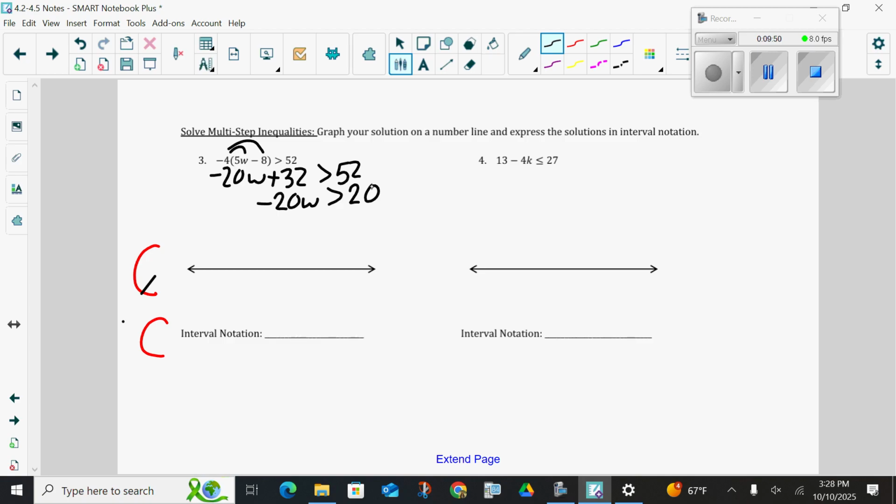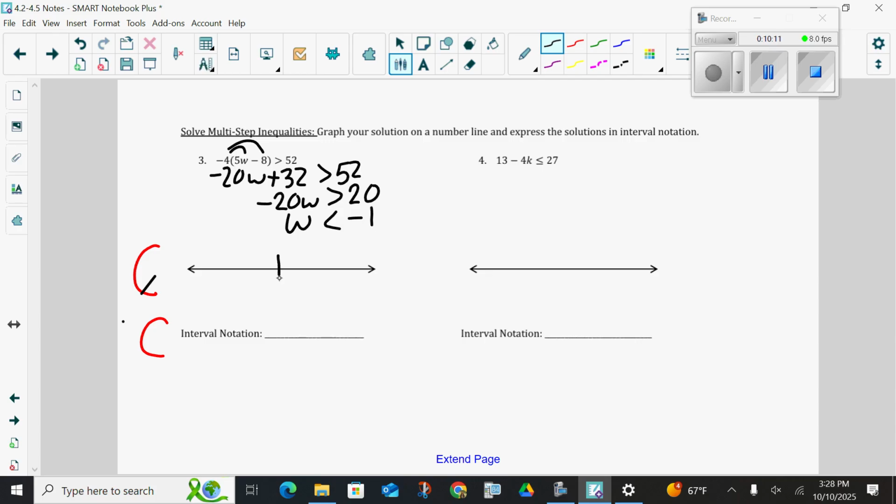And when I divide by negative 20, keyword divide by negative, I'm going to wind up flipping this sign. I'm going to divide both sides by negative 20. When I divide by the negative, I flip my sign, and I'll get w is less than -1.